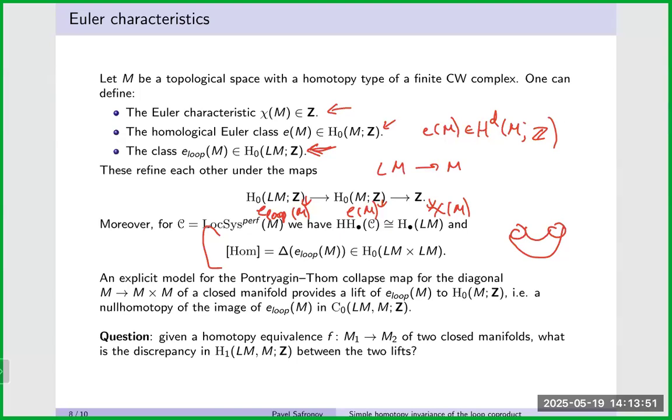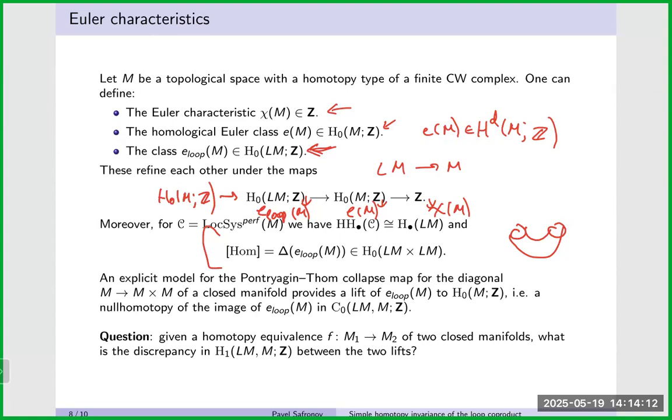And what this means, so let's forget for a second about this diagonal. What this means is that you want to know that this class actually comes from constant loops. So there was loop space, it projects to M, but then also M maps to the loop space via constant loops.